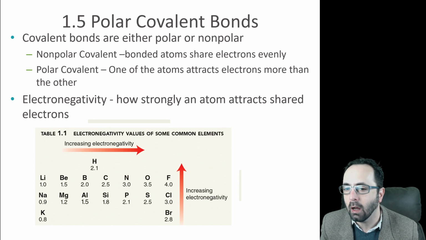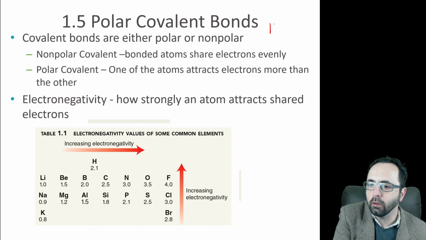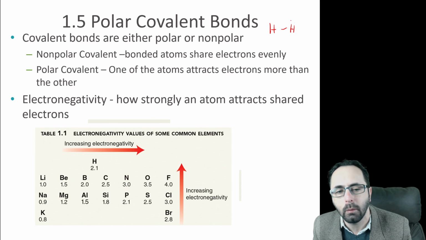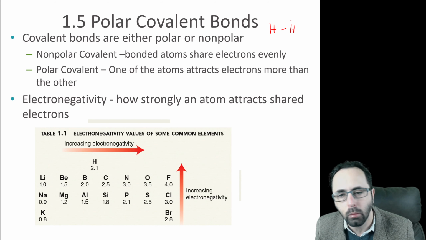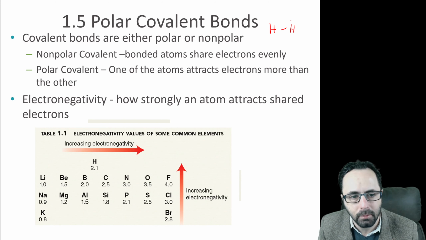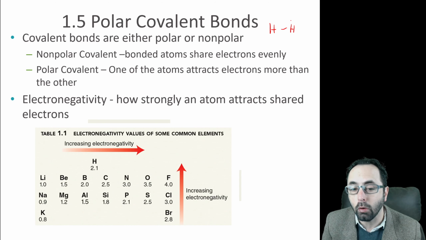You'll have a perfectly nonpolar bond if you have, for example, hydrogen bonded to hydrogen, because hydrogen is the same atom as hydrogen. So neither of these atoms will be pulling on the electrons more in one direction than in the other.